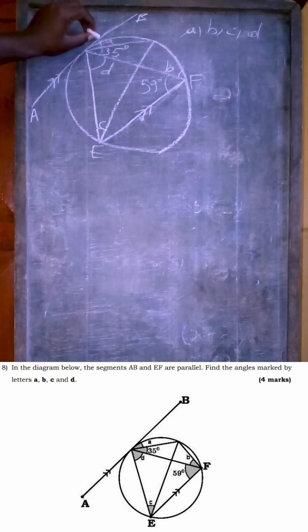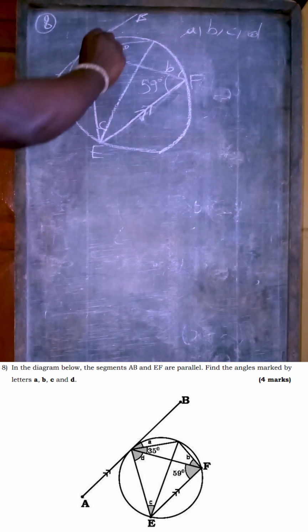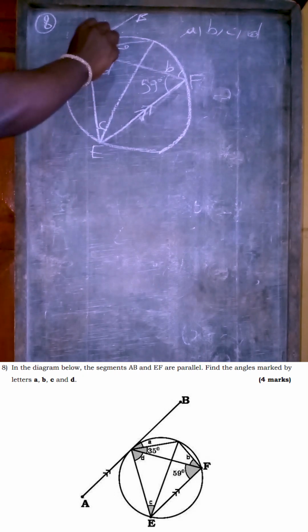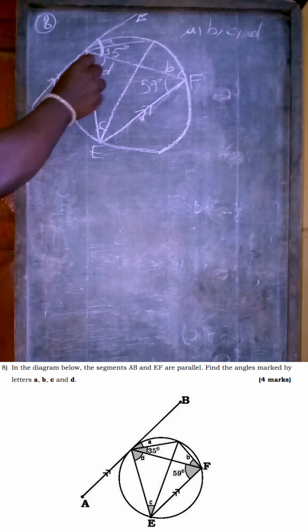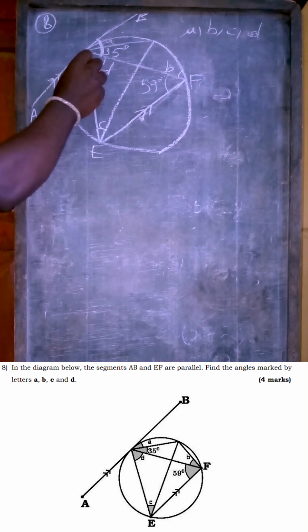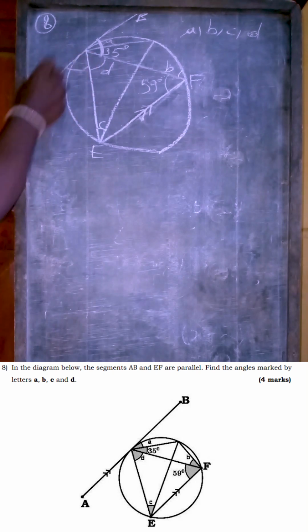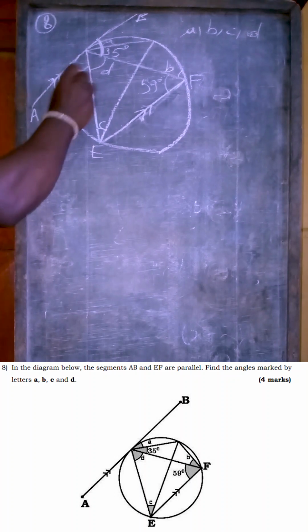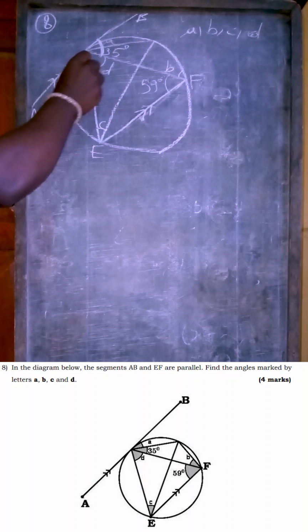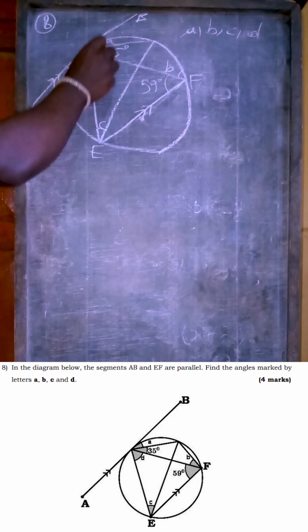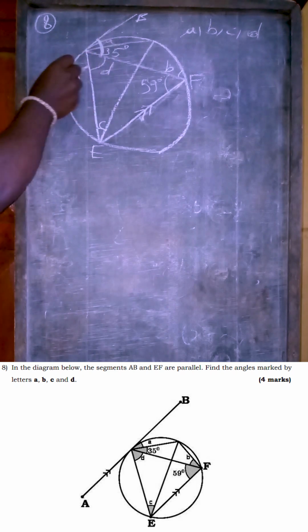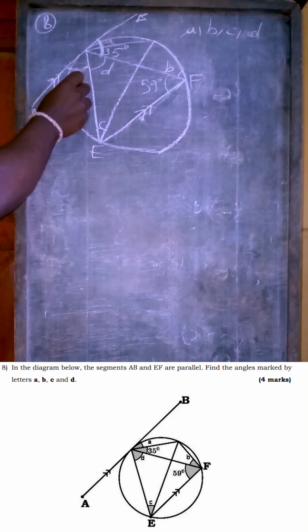The angle from that tangent to one of the lines is equal to the other angle, which is here. This angle is equal to this one. Let us call this angle, for example, angle Y.